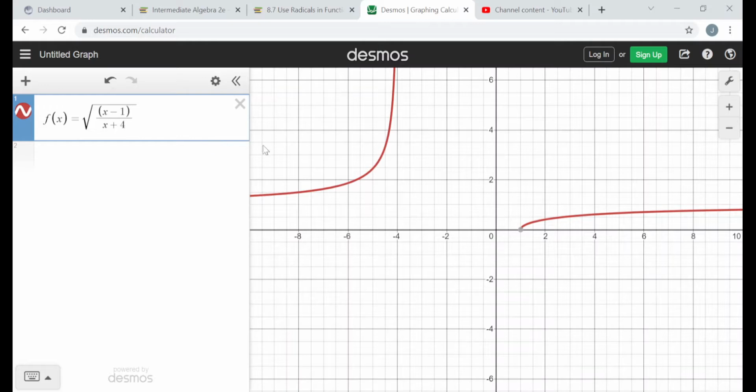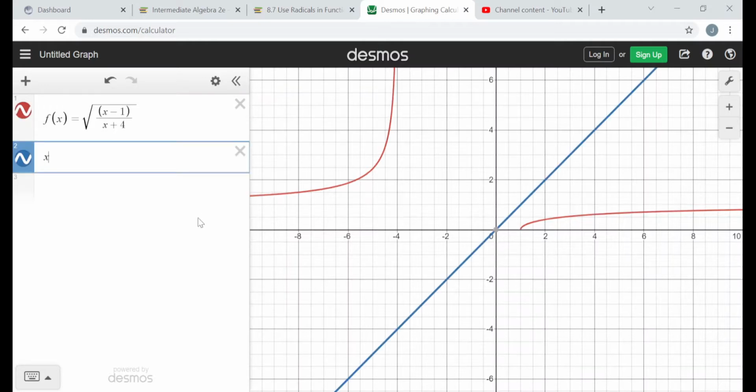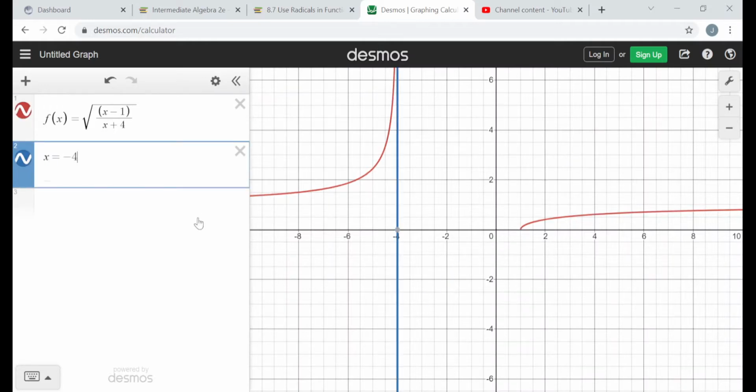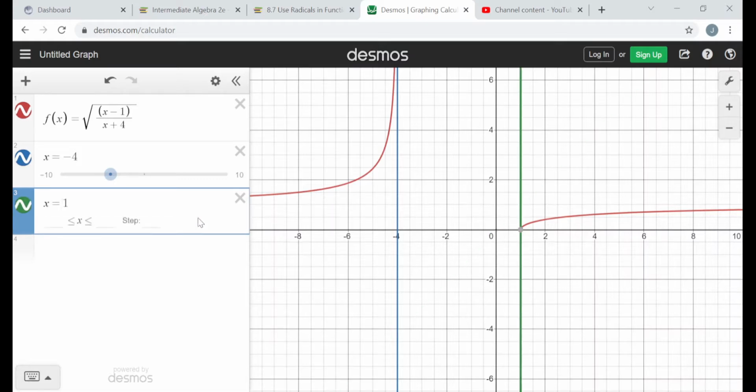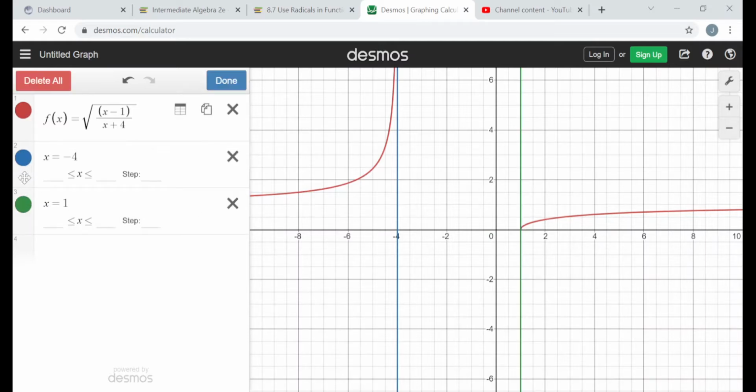And I'm going to put up x equals -4 as a vertical line and x equals 1. Let me make these the same color and dash them in, make them dotted lines.